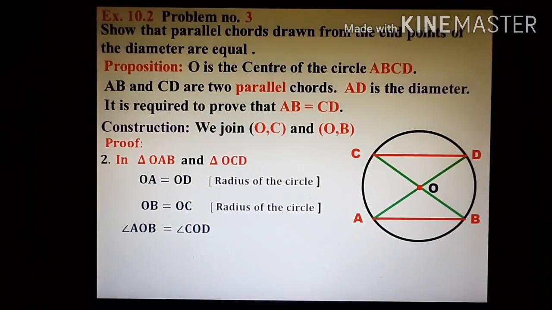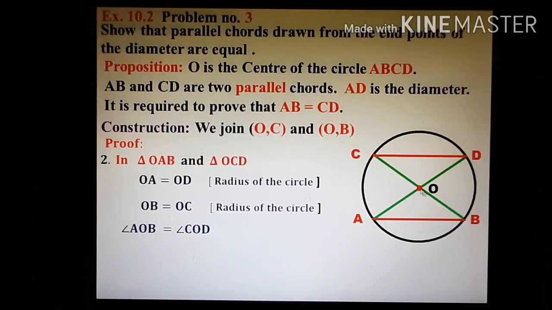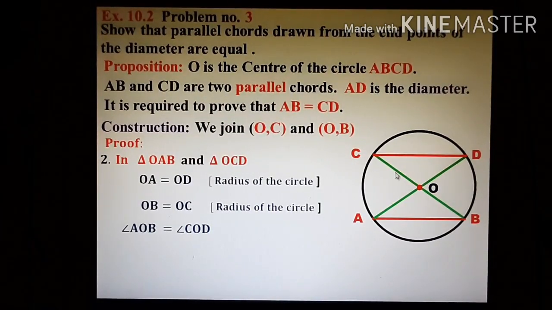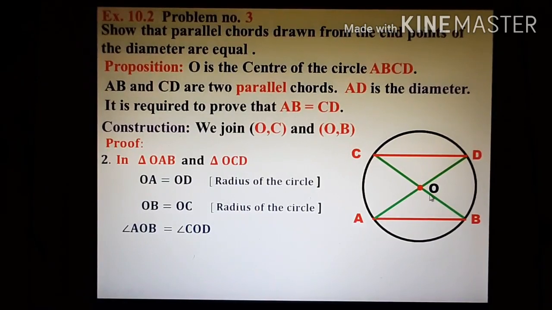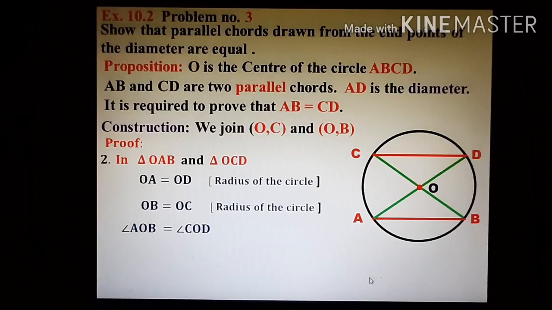Another one is, see in the figure, angle AOB is equal to angle COD. Why are these two angles equal? Yes, these are vertically opposite angles.